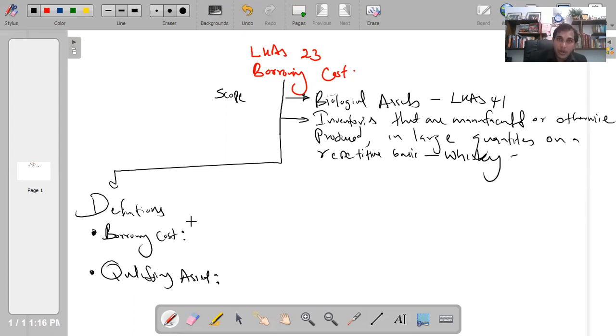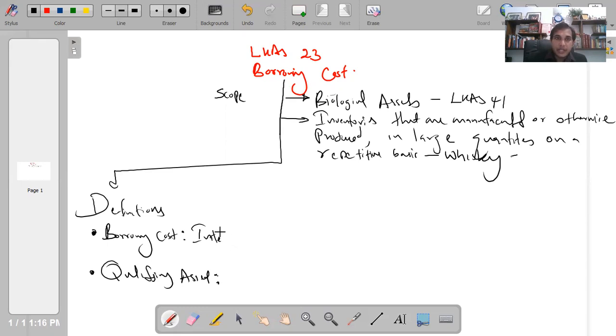First one, borrowing cost. What do you mean by borrowing cost? The borrowing cost means interest and other expenses. I will write, so you can write them in your books.